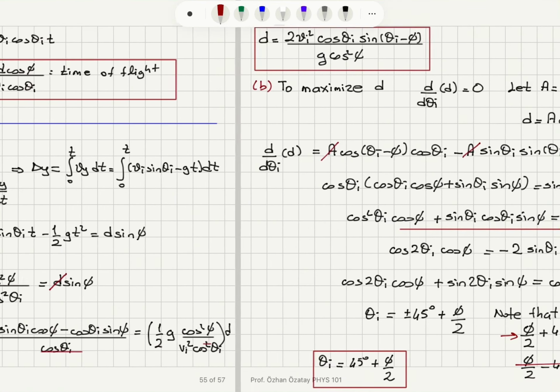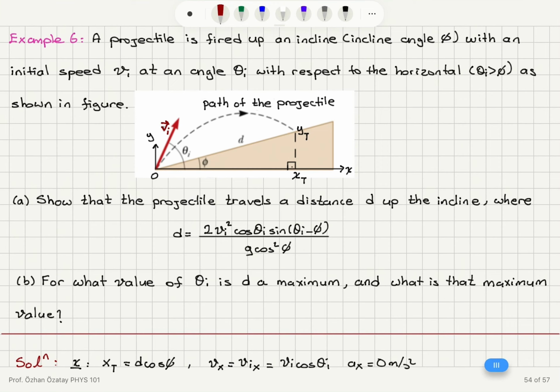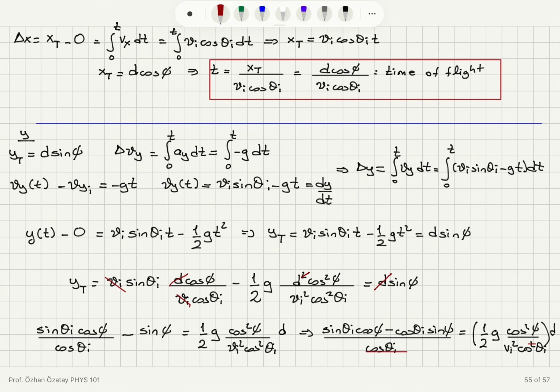Okay, so in this problem, we have a projectile up an incline. The inclination angle is phi, which is fixed, and our initial angle with respect to the horizontal, theta initial, is greater than phi. We have analyzed the x component of the motion with no acceleration, a constant velocity, and the y component with an acceleration of gravitational acceleration g, changing in time.